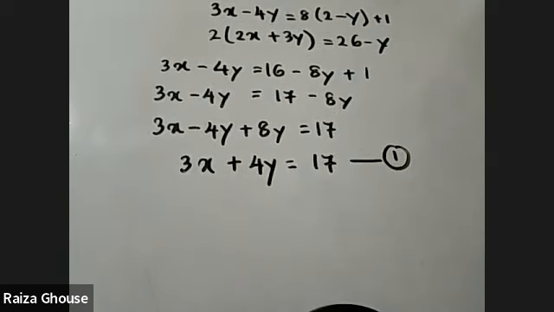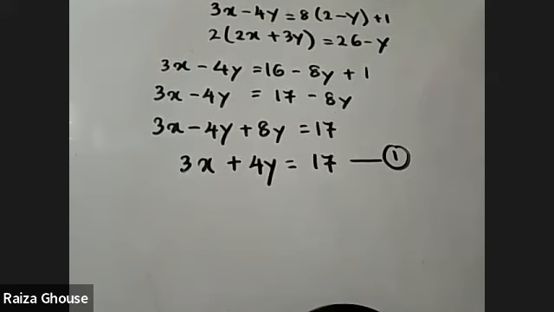How many of you were able to get this first equation correctly? Raise your hand. Miss, I named it as third equation. Okay, fine. How many of you got this equation? That's what I wanted to know. 3x plus 4y equals 17. How many of you got it? Raise your hand.